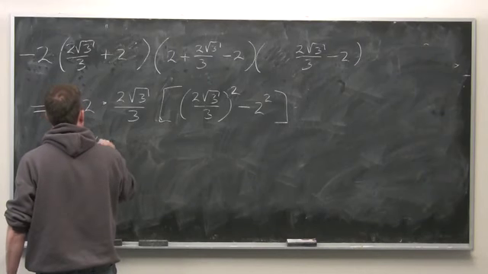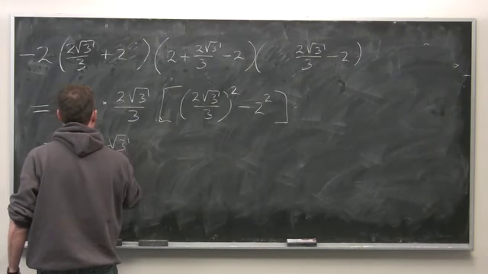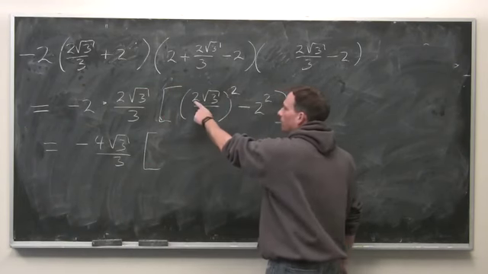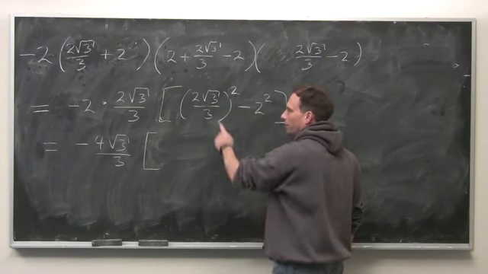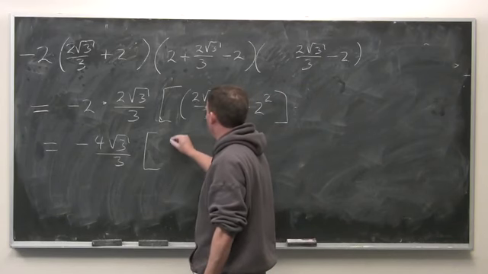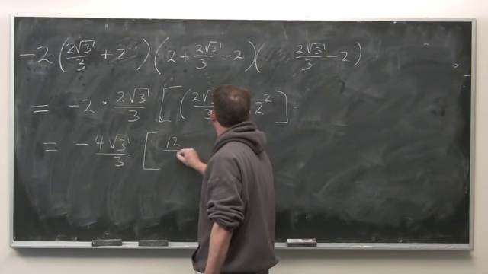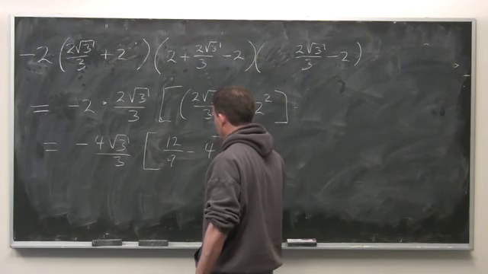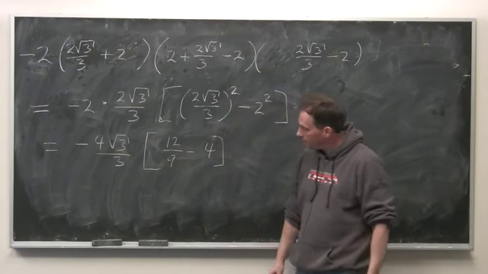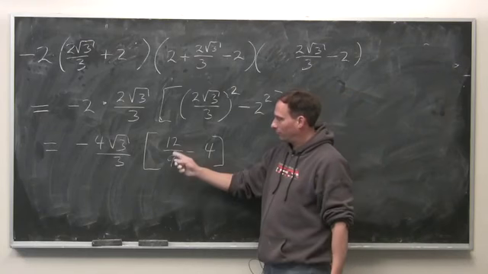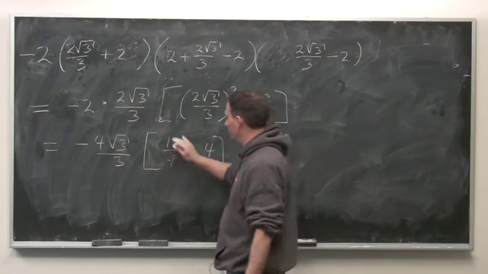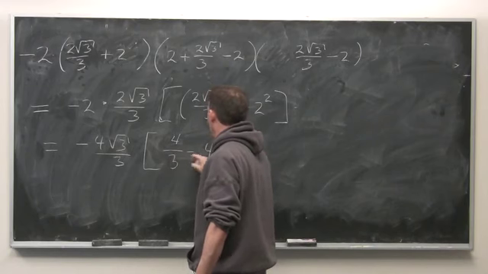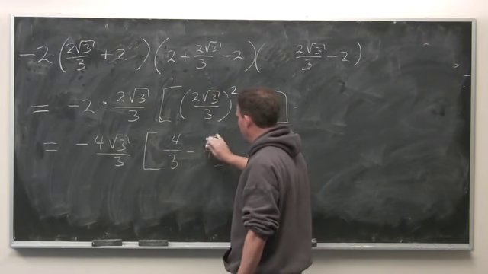So we get minus 4 times the square root of 3 over 3. And then here you get times, all right, you get 4 when you square that, 3 when you square that. So 12 over 9 minus 4. 12 over 9 divided by 3, that's 4/3. This is 12/3.